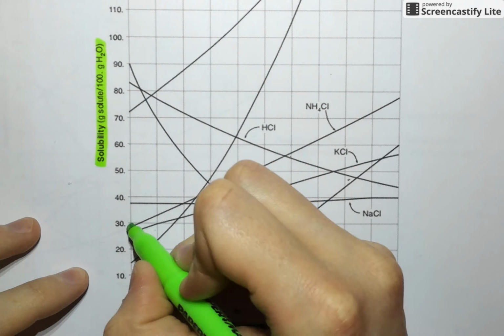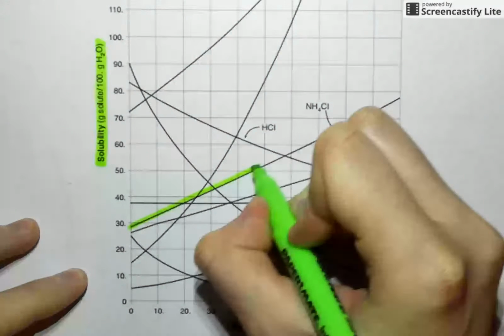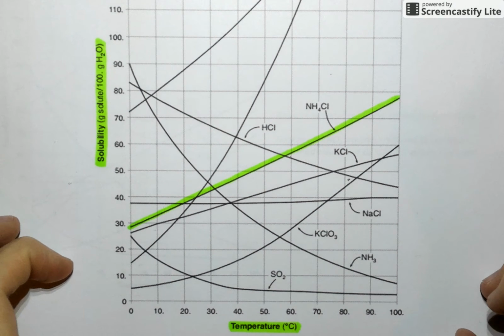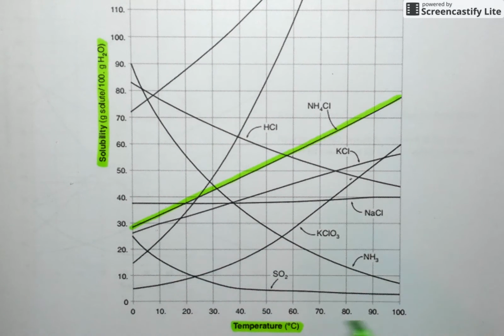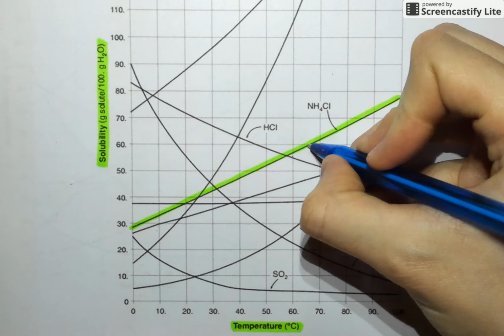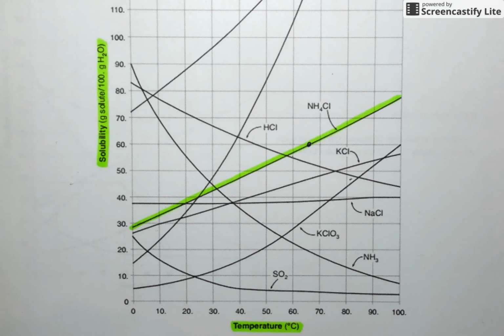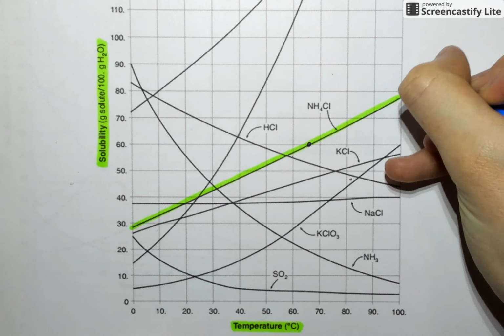I want to highlight ammonium chloride because we've been looking at it already. This line right here is kind of like the limit line. At a given temperature, that line tells us exactly how much ammonium chloride we can dissolve into 100 grams of water. And if we have, let's say, 65 degrees and 60 grams of ammonium chloride right there, we have what we call a saturated solution.